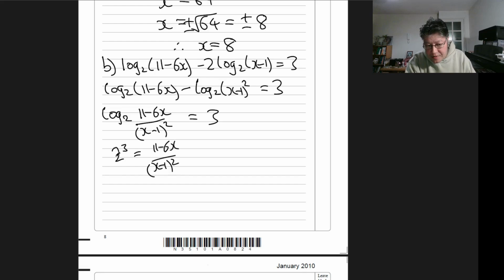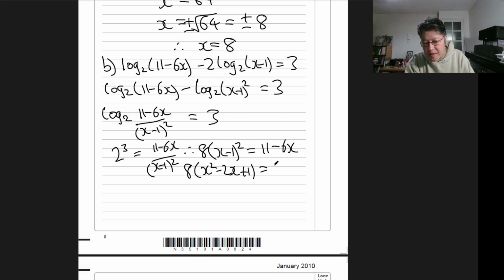This is an 8, and we'll times up the (x minus 1) all squared over here as well. So therefore 8(x minus 1) squared equals 11 minus 6x. Now we'll expand this double bracket: 8 times (x squared minus 2x plus 1) equals 11 minus 6x.